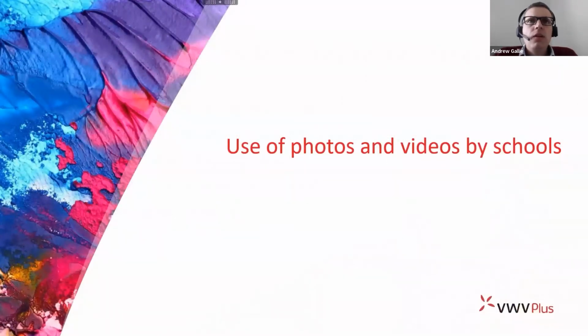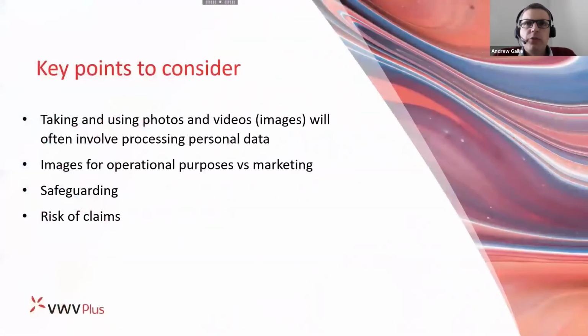Okay, so the second thing I want to talk about relates to using photographs and videos, or images for short, in the school context. And again, we've been having, as we always have, lots of questions about what schools should and shouldn't be doing here.